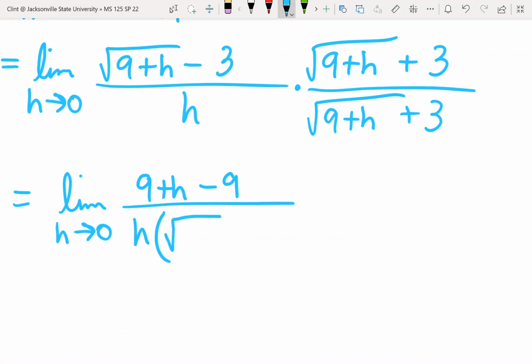We don't have to multiply the bottom out. Maybe we did do one like this, I don't remember. So we got a common factor of h on the top and on the bottom. Cancel those out. That'll leave us a 1 on the top.